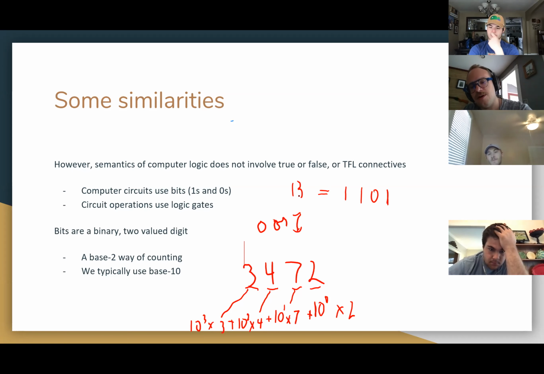How did I get that? Well, the first place digit is 2 to the power of 0 times 1, which is 1. And the second place digit is 2 to the power of 1 times 0, which is 0. The third place, no, why is it doing that?